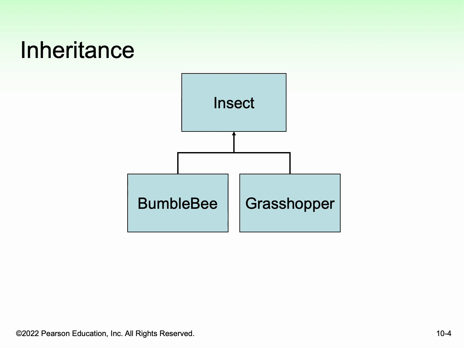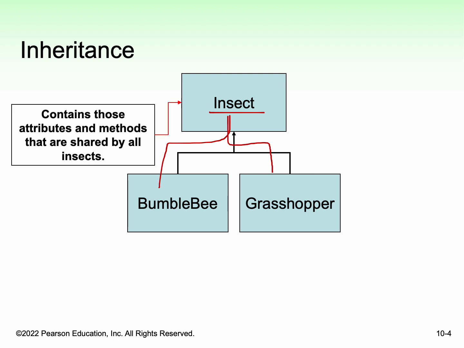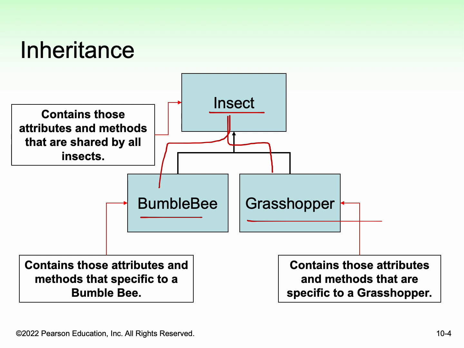Here is how this relationship will look in a diagram. We have an insect right here, and then both our bumblebee and our grasshopper come from an insect. As you can see here, insect will contain general attributes and methods that are going to be shared by all insects, both bumblebee and grasshopper. However, bumblebee will have its specific characteristics that grasshopper will not have, and the same the other way around.